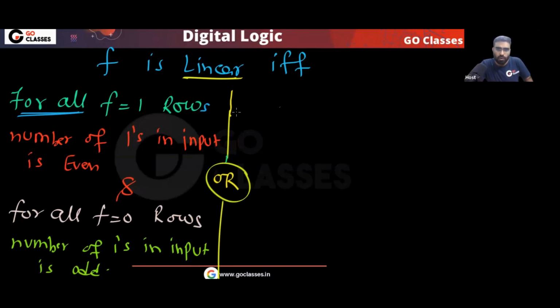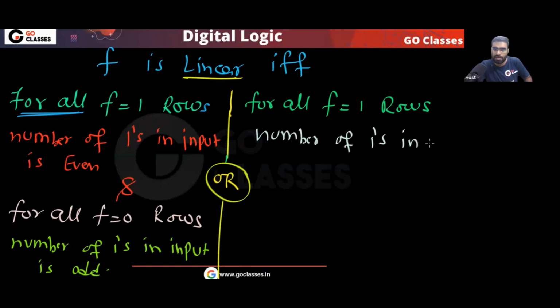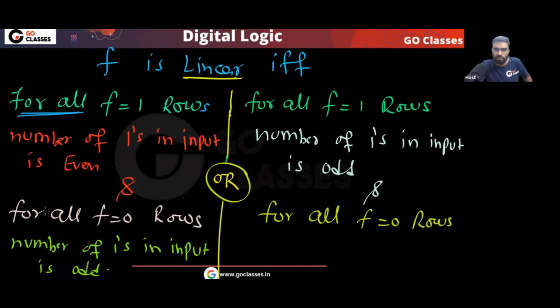Or it can happen that for all f equal to 1 rows, the number of ones in the input is odd, and for all f equal to 0 rows, the number of ones in the input is even.